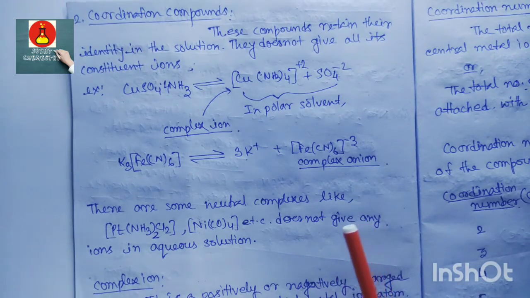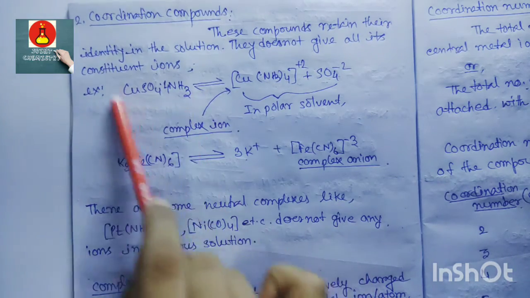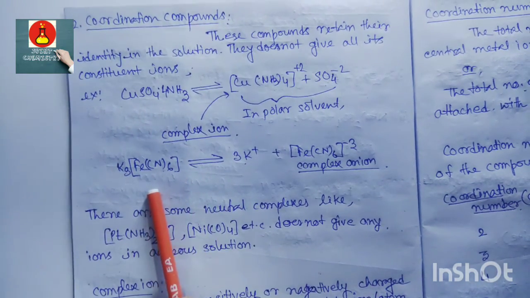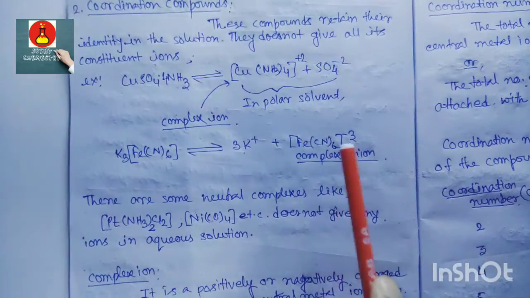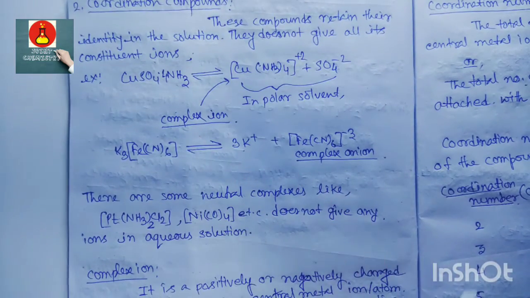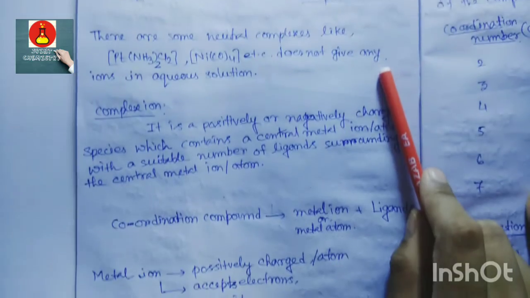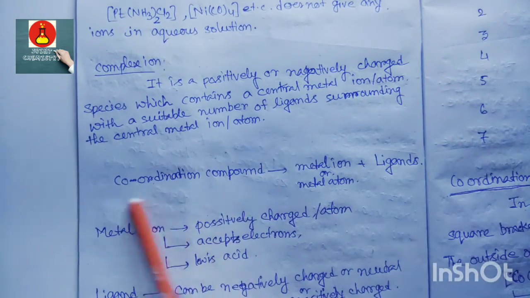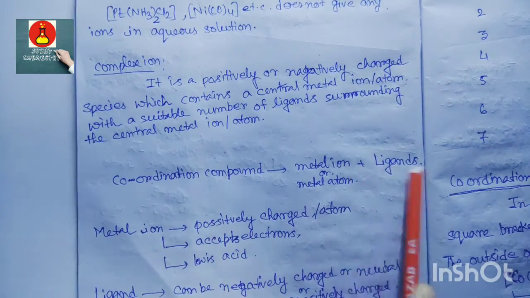That is why these compounds are known as coordination compounds, and these ions are known as coordination ions or complex ions.